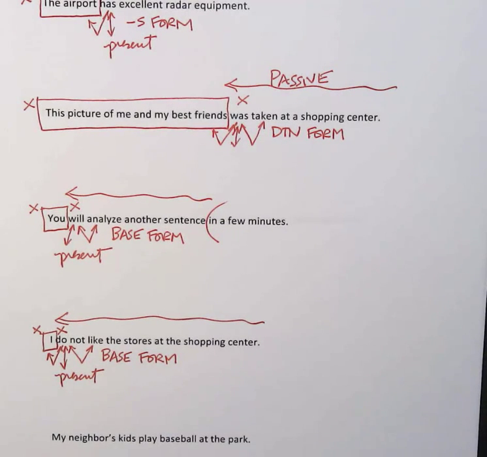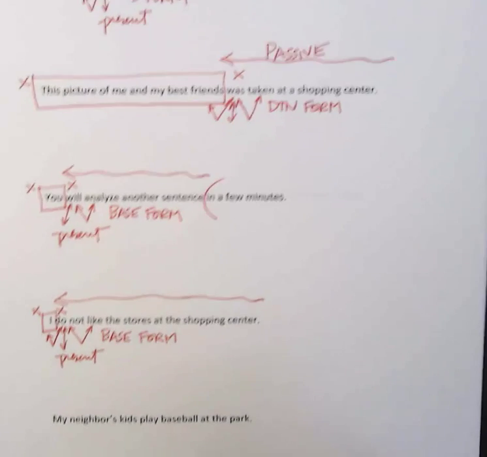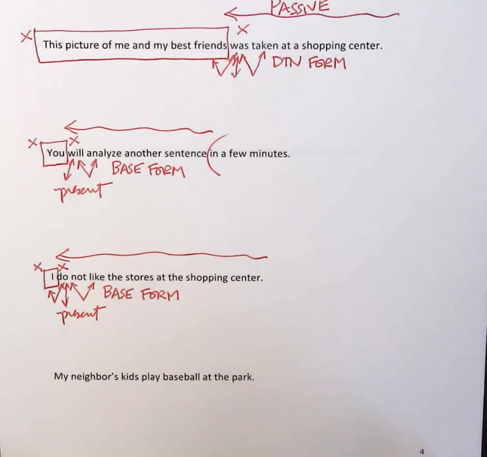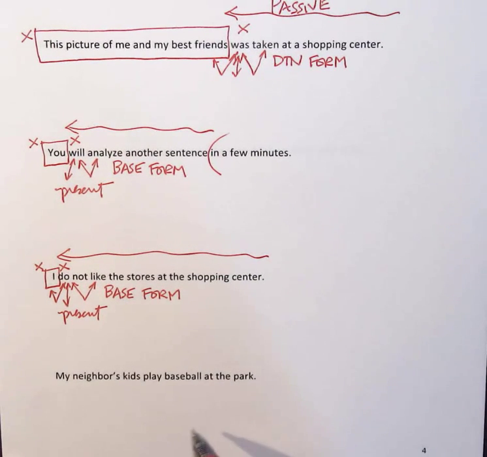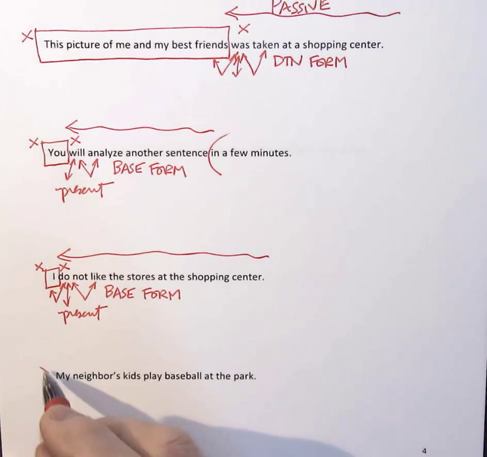My neighbor's kids play baseball at the park. Now, in my opinion, no shifters. At the park really just talks about where the play happens. I don't want to emphasize that my neighbor's kids do this action at the park. It's not really my idea. So the X word is do.